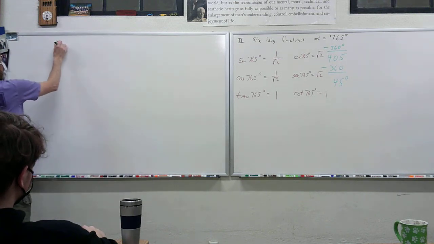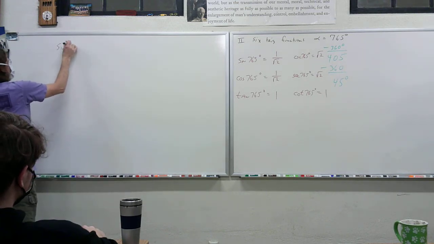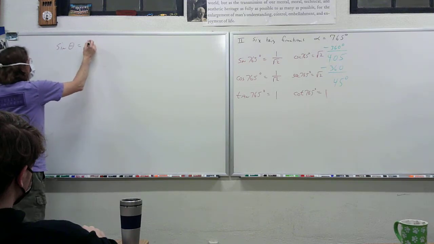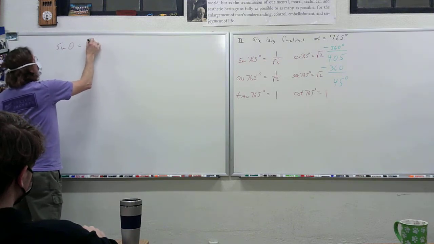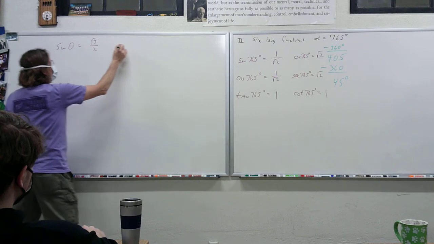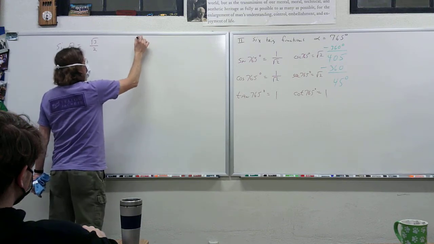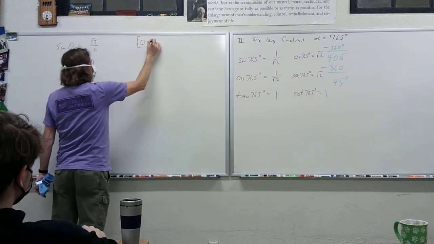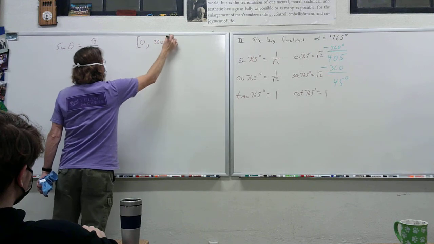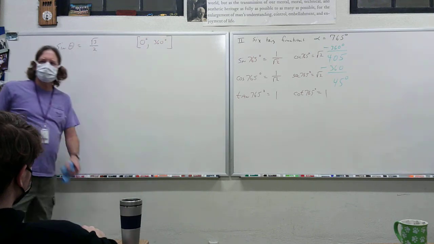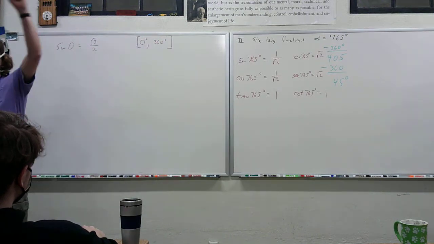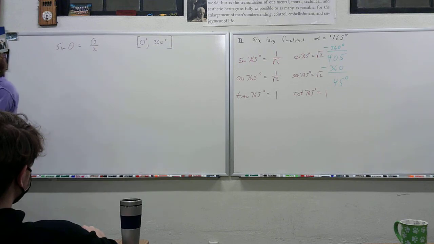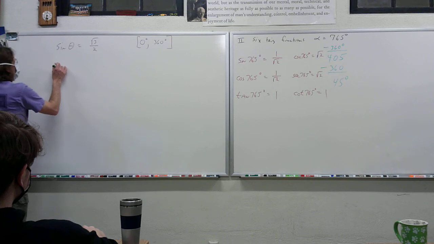These are like sine of theta equals square root of 3 over 2. And it'll tell you we want the answers from 0 to 360. In other words, we want all the answers you would get if you go all the way around the circle.